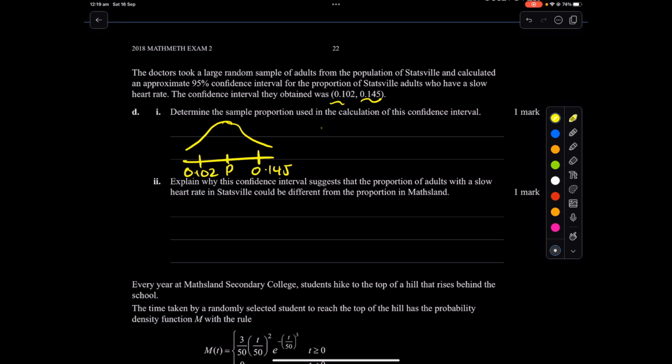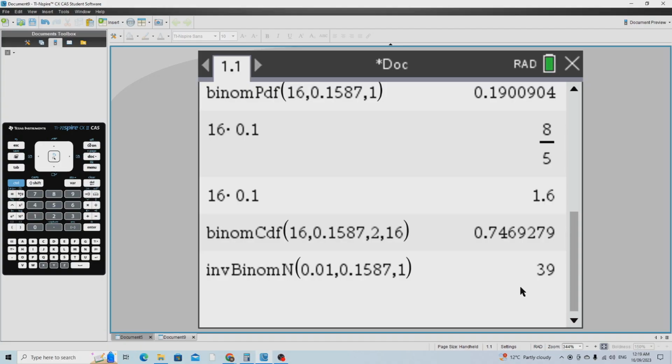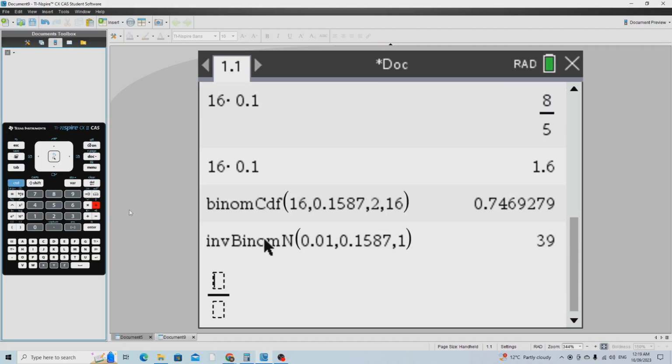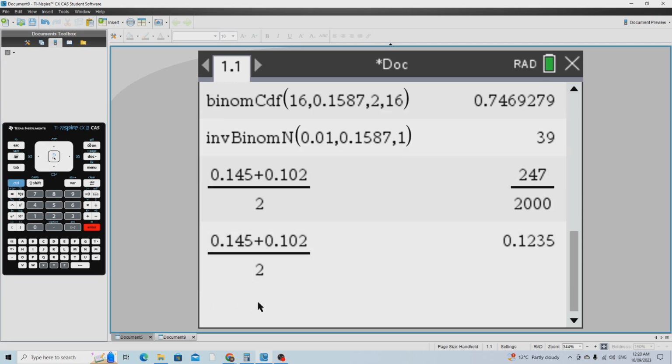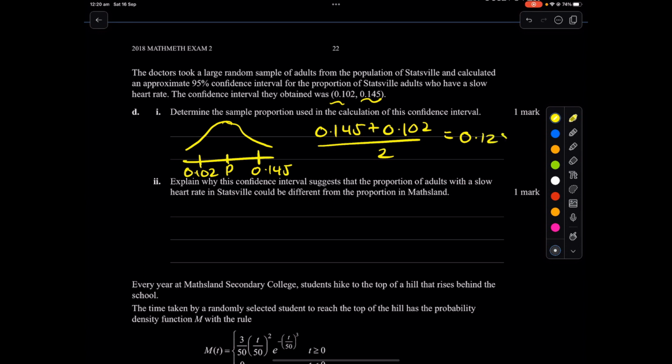So 0.145 plus 0.102 divided by 2 gives you your P value. That gives you 0.1235. That's your answer.